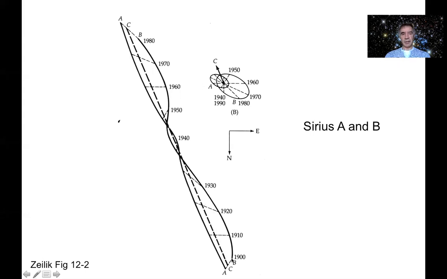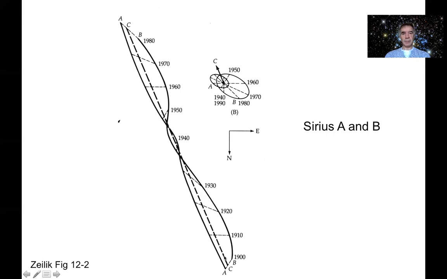You've got Sirius A here and Sirius B here. You can see the path of those stars over the last 100 years or so. Again, the period is about 50 years, I think. Well, I know it is. And so you can see the stars wiggling around as they orbit each other. And you can see this line C here, which is the center of mass of the system.